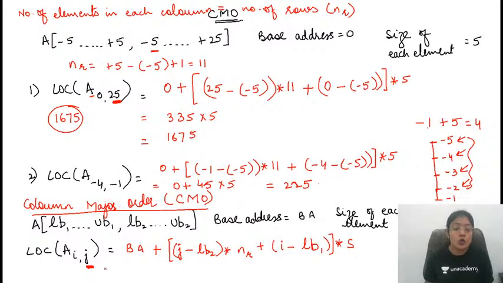Any doubt? So this is the formula. Children, the point is not to tell the formula again. The point is you should be clear with each and every term. Why we are writing J minus LB2, why we are writing NR, what is the meaning of that? Because this is going to play a very important role when we will be talking about the formulas of lower triangular matrix and column upper triangular matrix.